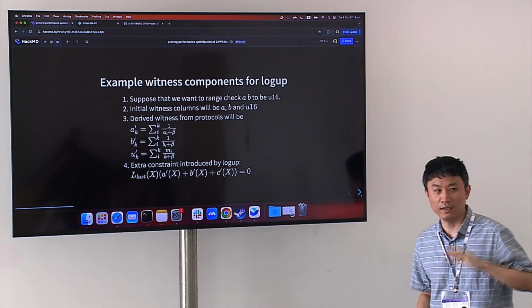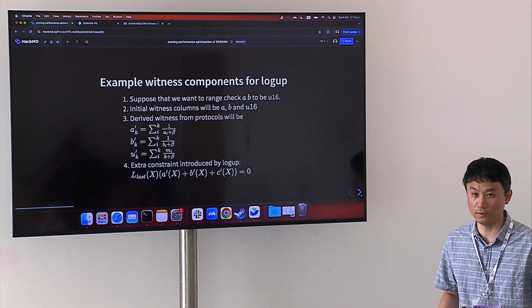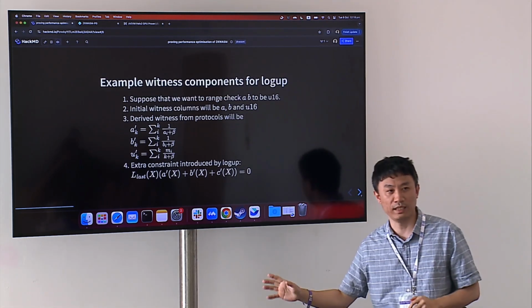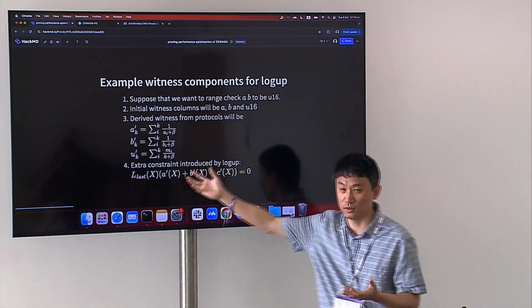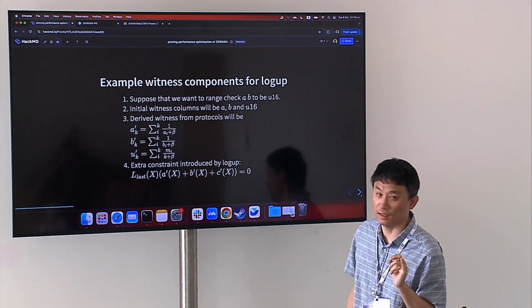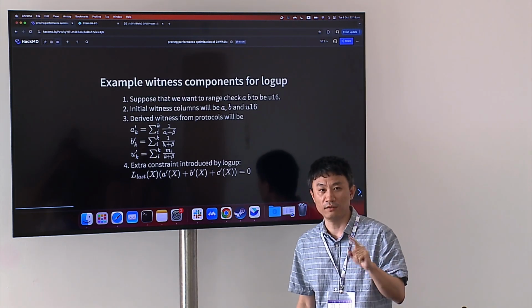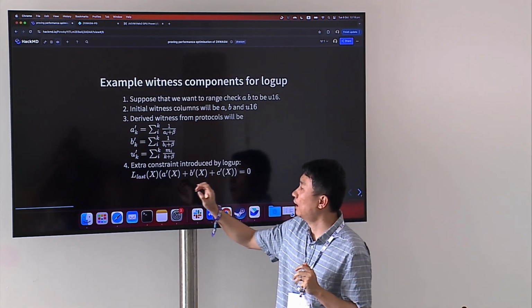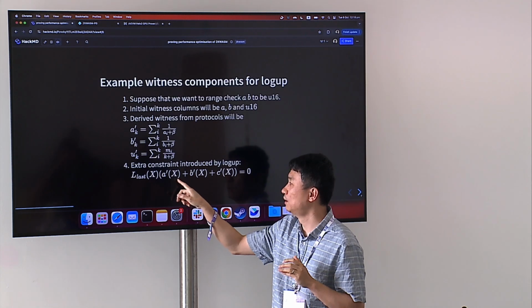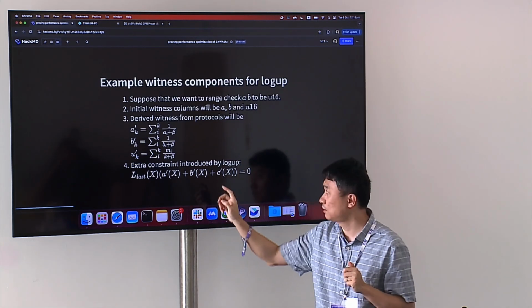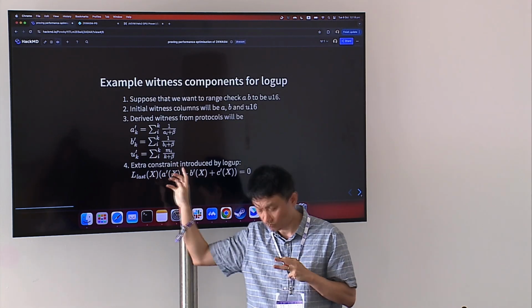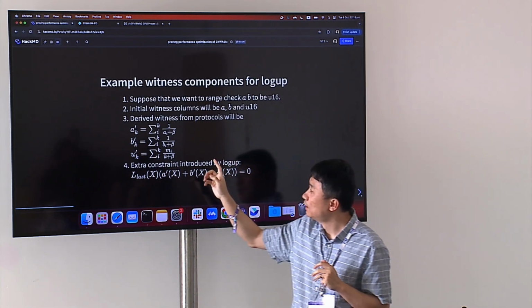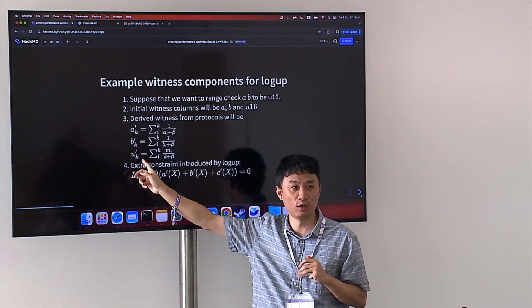Either you put an intermediate witness that is derivable, or you increase the polynomial degree of the final constraints. But there's one witness that you cannot derive from just putting that into the final evaluation, because this MI is not polynomial derivable. So that means we have to have an extra column.